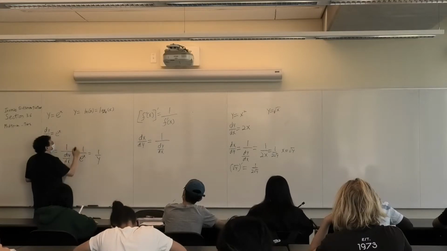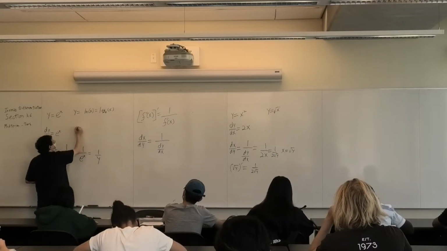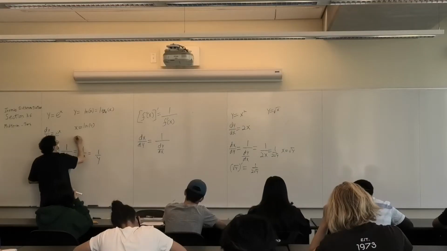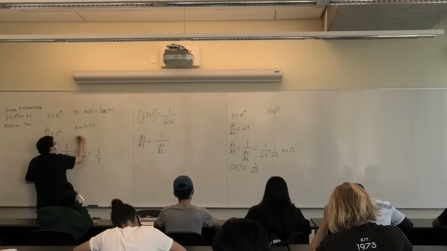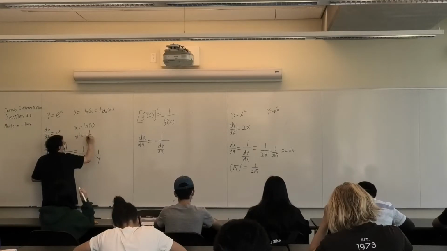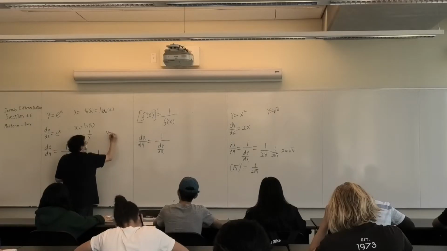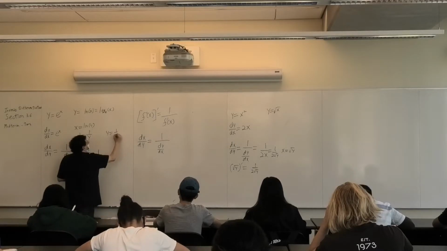That tells us that we have x equals y. So x prime is equal to 1 over y, or as we probably more likely write it, y equals 1 over x.